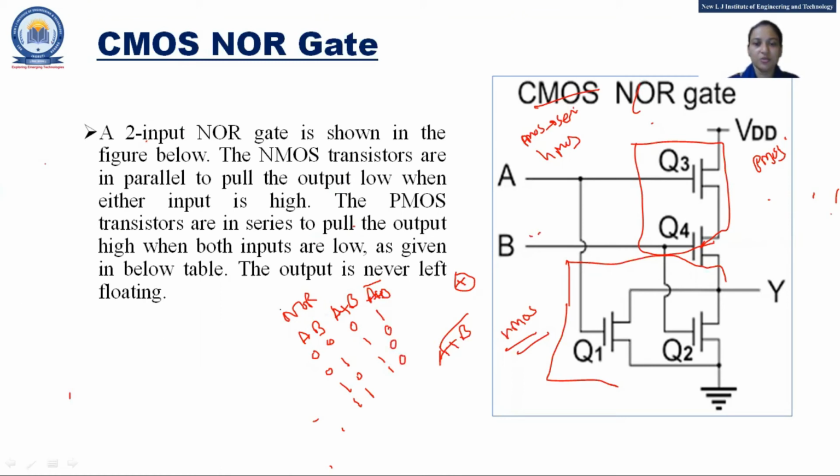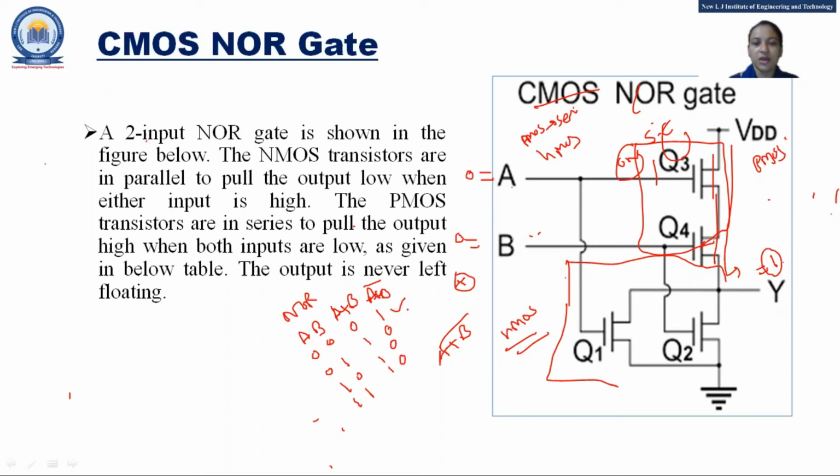Now we will apply the inputs and see what output we are getting if both the inputs are 0. If 0, this will be on, that is a short circuit, so here current will flow. So whatever the VDD that is applied at output, we will get the logic as 1, so that you can see from the truth table here, we get the output as 1.